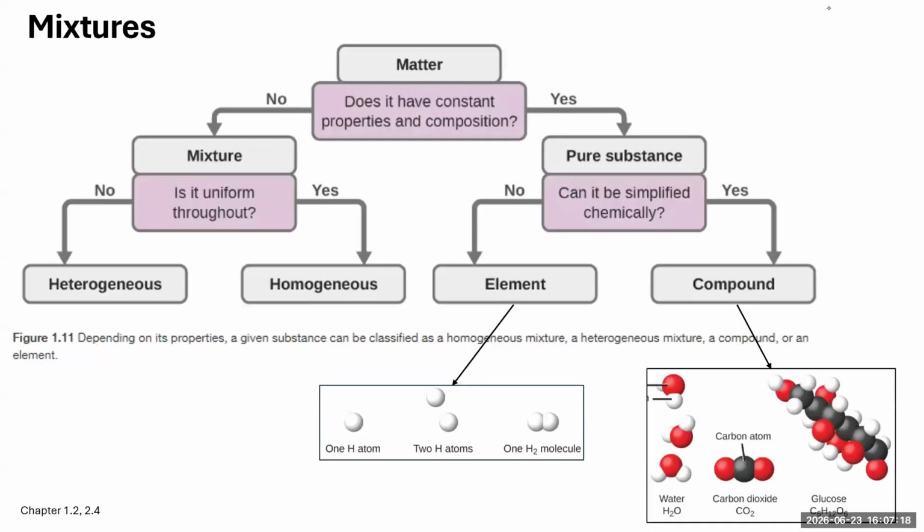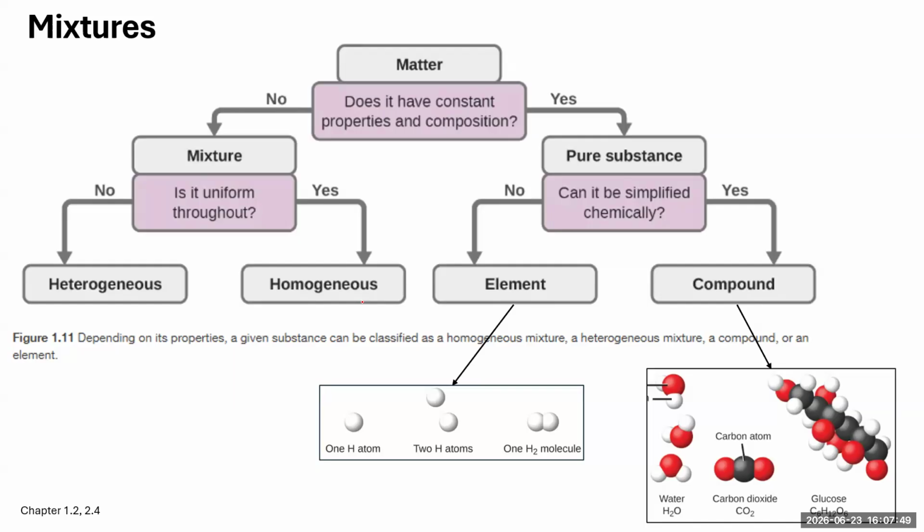So mixtures, we talked about some of this before, but we take a look at whatever we're dealing with, and you ask yourself, hey, does it have constant properties and composition? Meaning, is it made of one thing or is it made of multiple things? If it's made of one thing, and one thing can be a weird term, one atom, it can be made of one specific molecule.